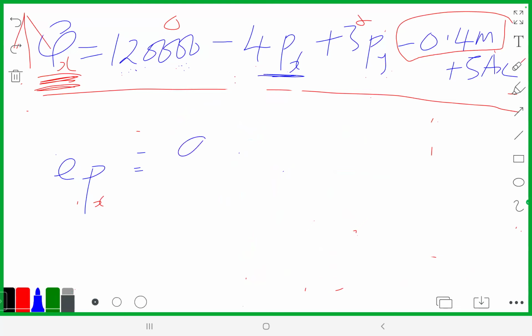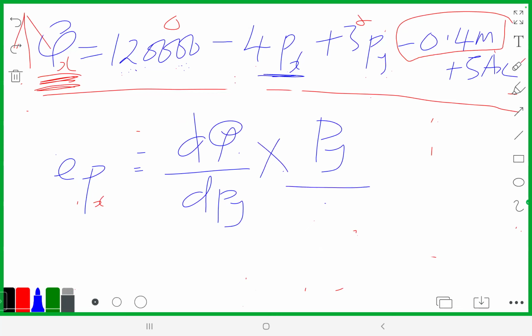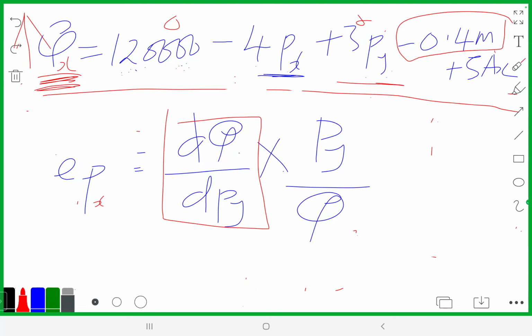Cross price elasticity. How does it work? So you will have dq/dpy multiplied by py over q, right? And I've told you that dq/dpy is the derivative, or the slope, of the equation on the 3py in this case.